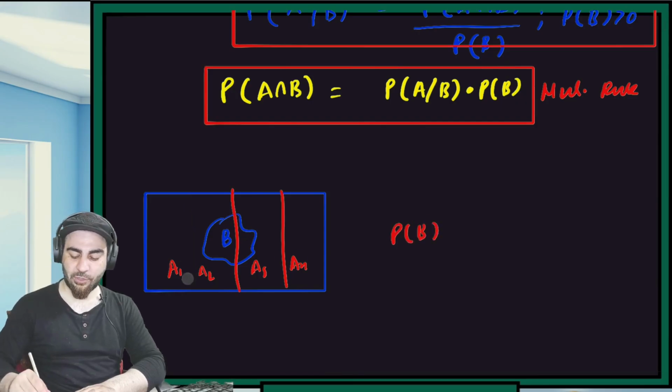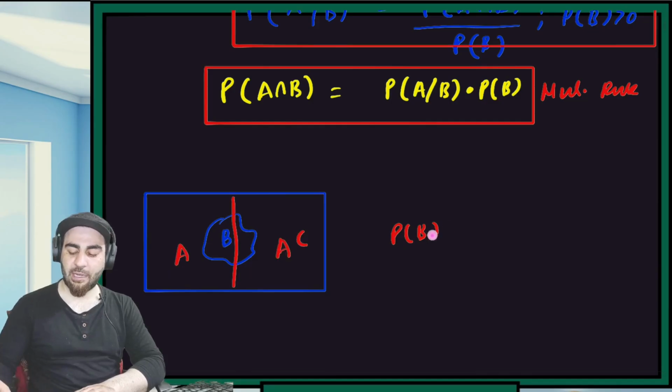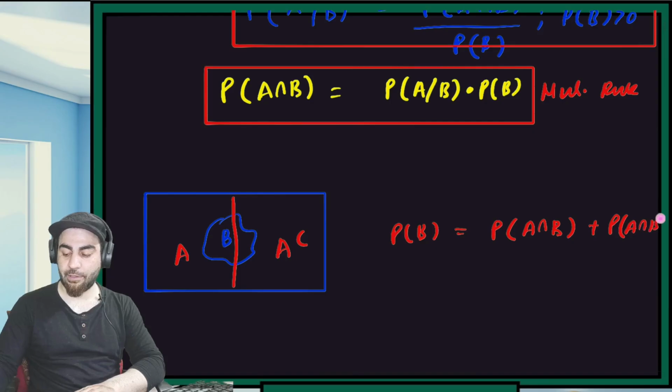Let's suppose we have just two events. If I break it down into two events, A and A complement, I can write the probability of B as the probability of A intersection B plus the probability of A intersection B complement. Why is this so? Because A and A complement are disjoint events, and I can use the additive theorem of probability here.